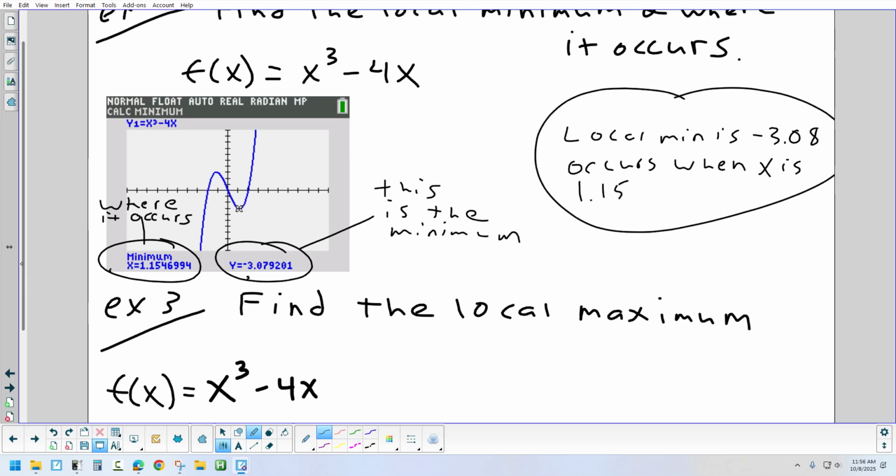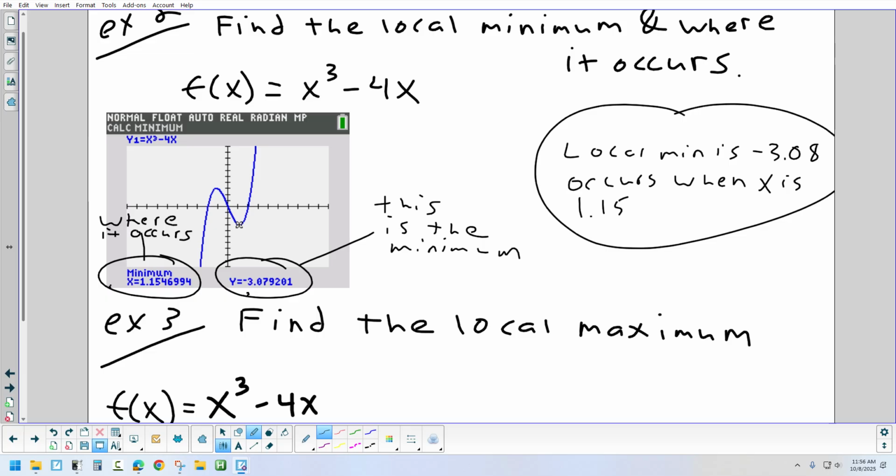Okay, and the last thing is once we know the local minimums and maximums, we can describe where the function is increasing and decreasing. Increasing for this particular problem would be here and here. Decreasing would be there. Increasing is anywhere that you have a positive slope. Decreasing is anywhere where there would be a negative slope.